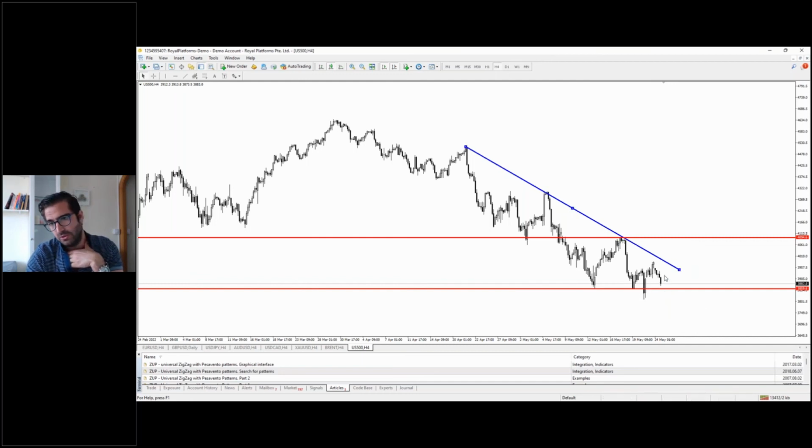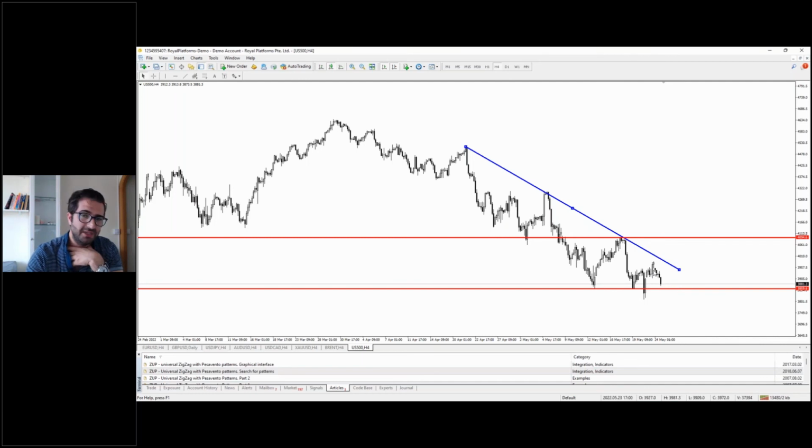But what I know is that most of the time when the market reaches a support, it will be rejected, at least a slight movement to the upside. It's not necessary to see a reversal, but at least a kind of a rejection or a correction to the upside.